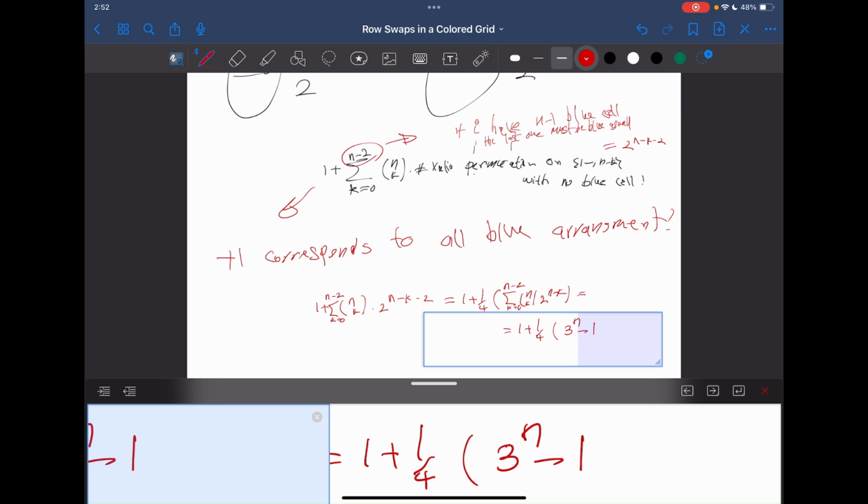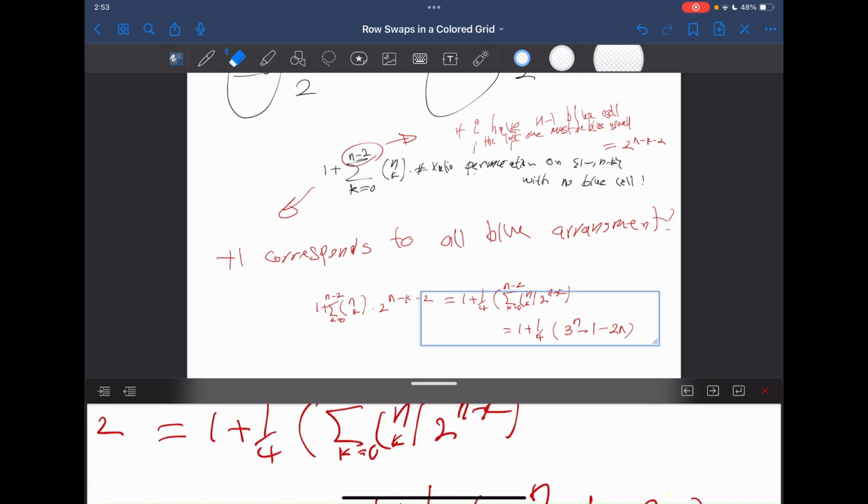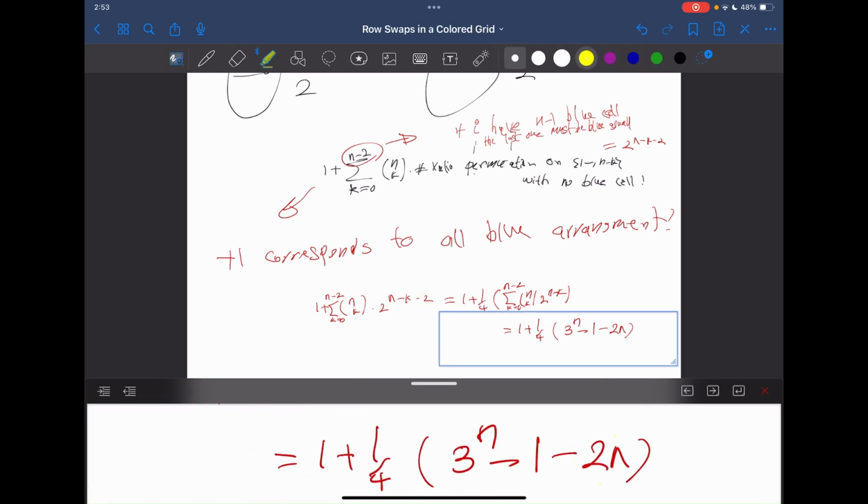For k equals n, I would get 1. For k equals n minus 1, I would get 2n. So I should just write 2n. And I have 2n here. And this is the final answer.